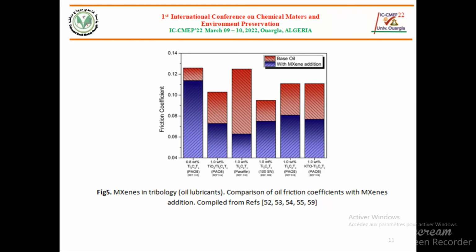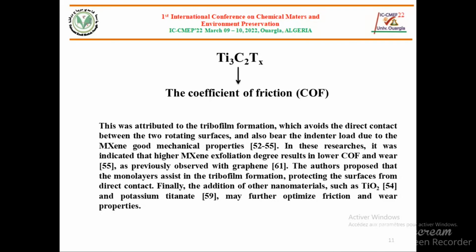This was attributed to the tribofilm formation, which prevents direct contact between the two rotating surfaces and also bears the indenter load due to the MXenes' good mechanical properties. In this research, it was indicated that a higher MXenes exfoliation degree results in lower COF and wear, as previously observed with graphene.